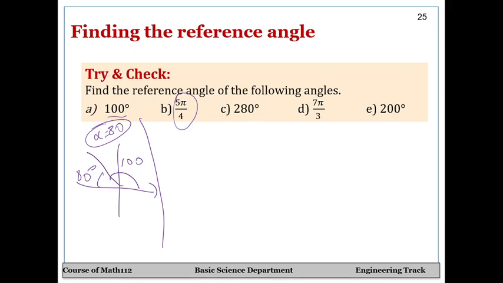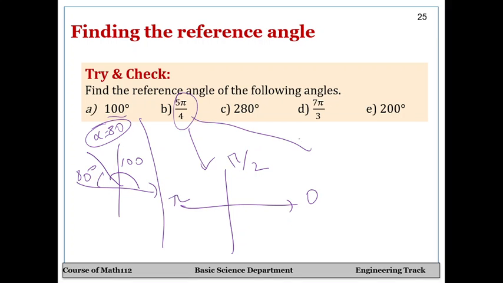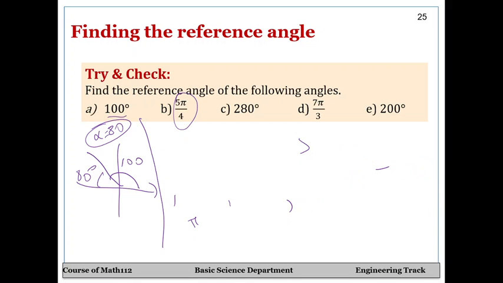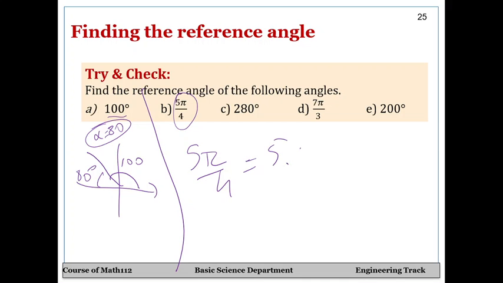One way to see this: here, this is 0, this is pi over 2, this is pi. And 5 pi over 4 is equal to pi plus pi over 4, so it has to be a little more than pi. So the reference angle will be pi over 4. But if you want to use degrees, it's okay. 5 pi over 4 is 5 times 180 degrees divided by 4, which is 225 degrees.